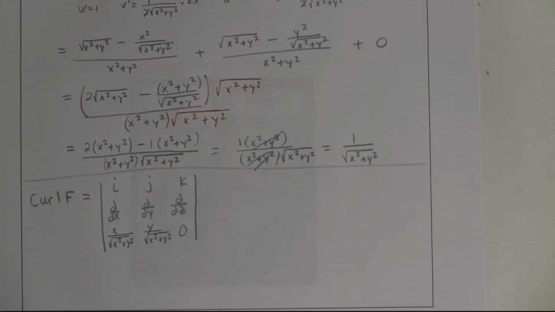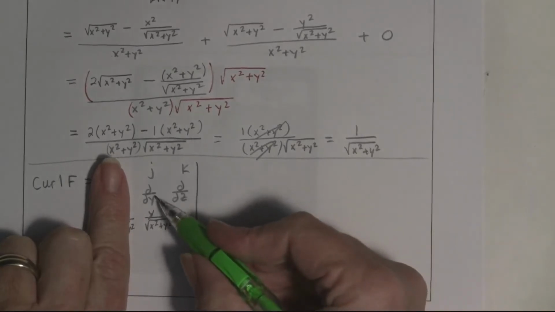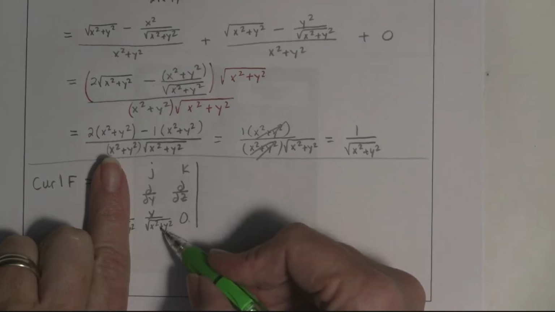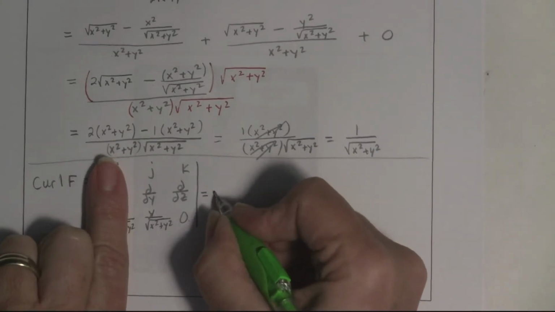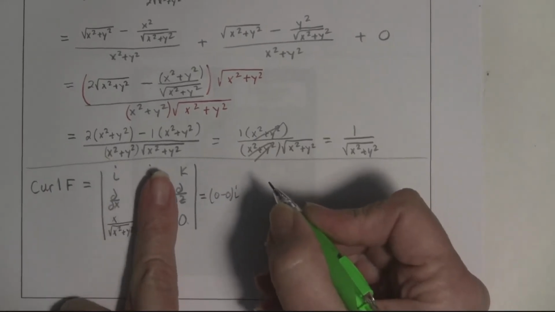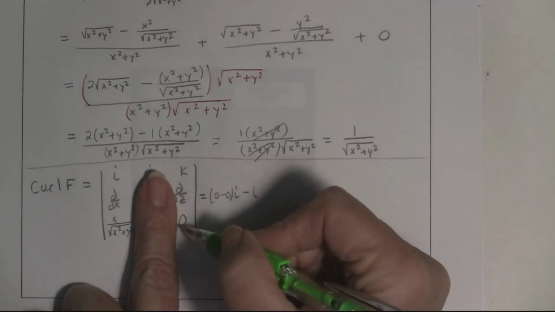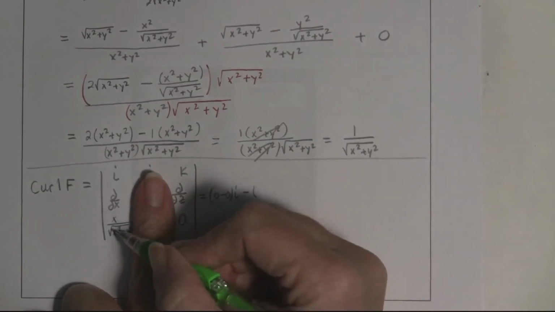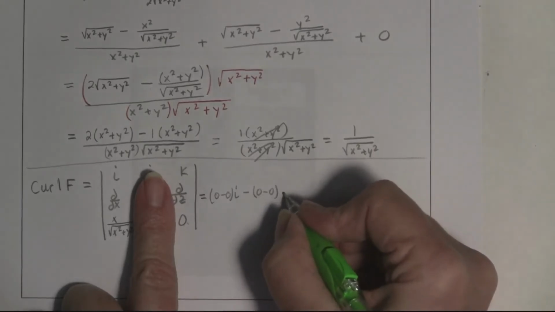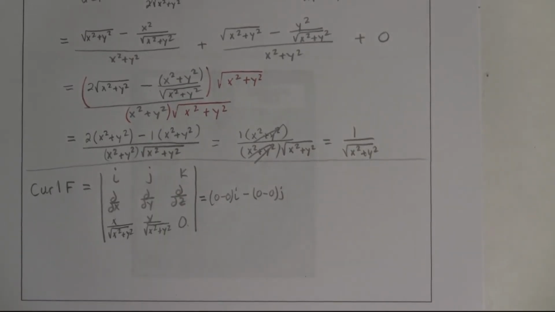So when I do this, this is 0. This is the partial with respect to z, which there aren't any of those, so that's 0, and I'm going to write that really small. So 0 minus 0i. Then I'm going to move on to do minus, and then for my j, partial of x, that's 0, partial of z, but there are no z's there, so this is 0 minus 0, and I started thinking, well, maybe I'm not right, because those were both 0.